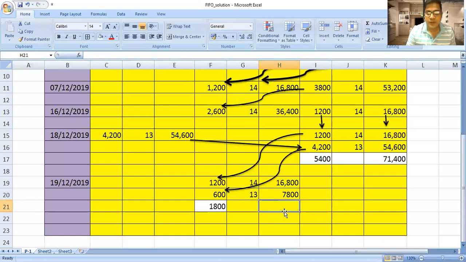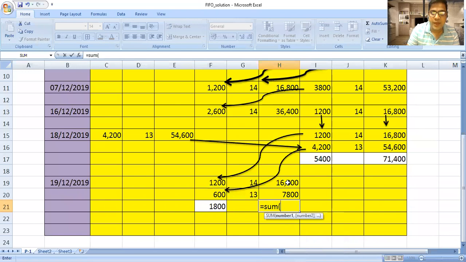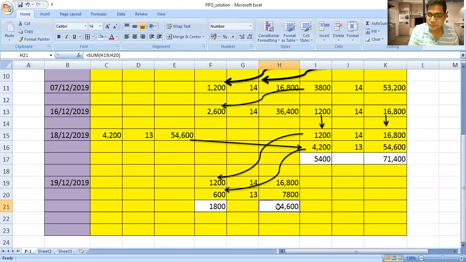Now we have to find out the total sold value. It is 24,600. This total we have to consider as the sold value.